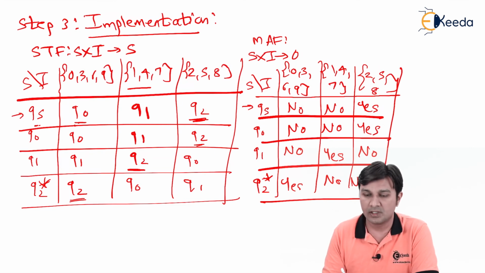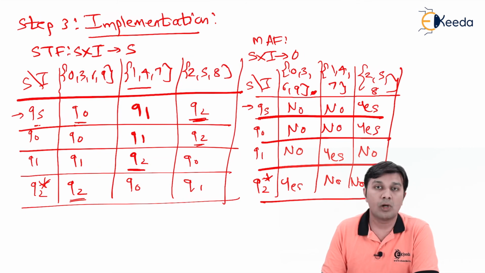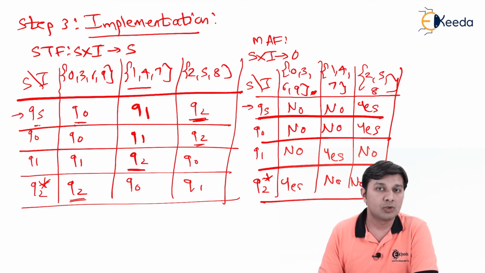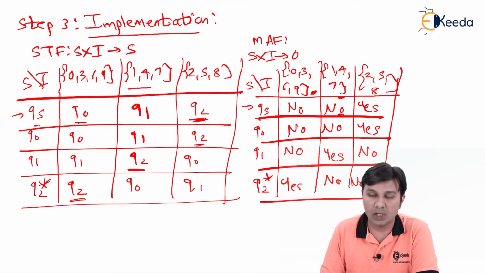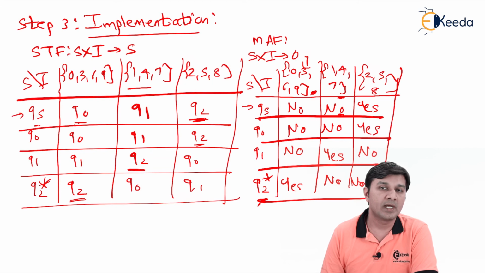Similarly for machine function, how do you read it? QS on receiving 0, 3, 6 or 9 gives the output as no. QS on receiving input 1, 4, 7 gives the output as no. Similarly, if you consider Q2, Q2 on receiving 0, 3, 6, 9 gives the output as yes. That's how you read the machine function.